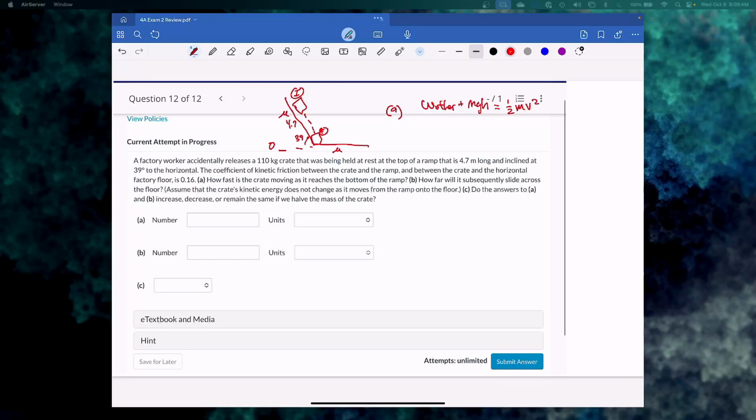Okay, so we're solving for V, but we got to find work other. Friction is involved. It's negative F times D. This is going to be mu times N times D. And what's the normal force going to be in this case? mg cosine theta minus mu mg cos theta times D plus mgh equals 1/2 mv squared. Got to solve that for V. But before I do, what can I divide every number by?